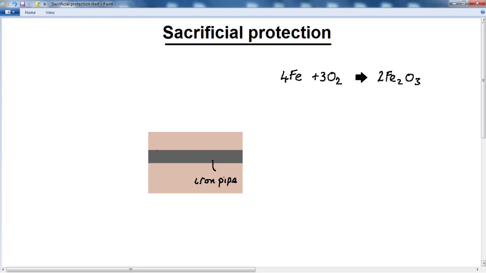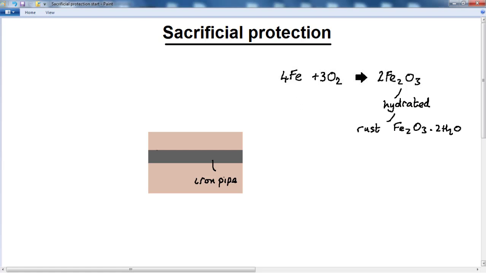What then happens, as you'll see in the video on iron and rusting, is that the iron oxide becomes hydrated by water, which then produces rust. So rust is really hydrated iron 3 oxide.